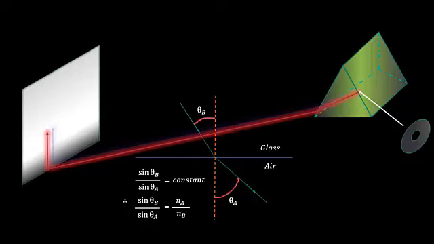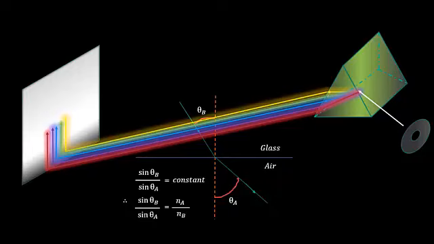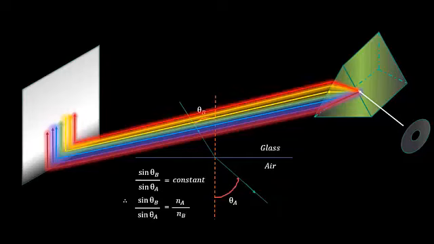That is, number 1 indigo, number 2 violet, number 3 blue, number 4 green, number 5 yellow, number 6 orange, and number 7 red. And as this strikes the screen, it forms a band of colors.